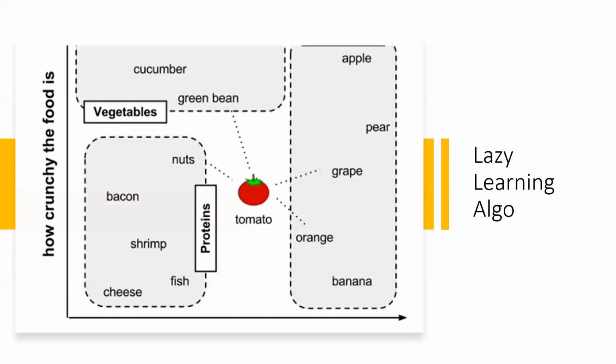Again, I am not expecting anyone, including myself, to understand the lazy learning algorithm from just this one example. What I'm trying to tell you is that there is a process of selecting algorithms, and you need to understand what algorithms do in order to pick the right one for your problem.